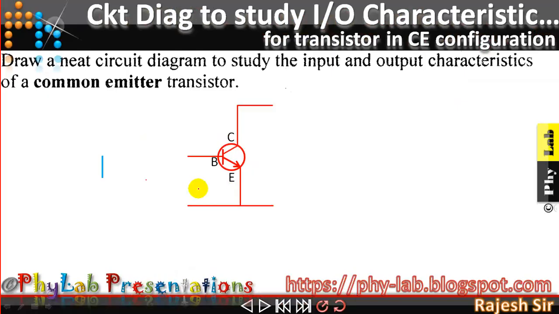Now in order to do the biasing, as I told you, the EB junction has to be forward biased. So we will be connecting the EB junction in the forward mode. This is my EB junction, this being N, this being P, and this again being N. EB being in the forward mode, the P of the base must be connected with the positive of the battery.